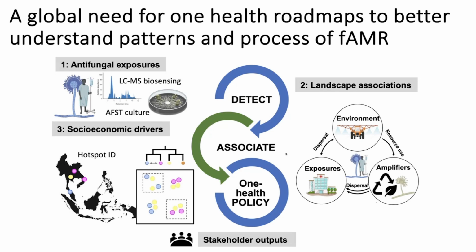There's a global need for One Health roadmaps to better understand these patterns and processes. Fungal antimicrobial resistance is a very environmental problem, linking together the ways that we farm, but also what we do to ourselves, and how we try to manage gigantic populations of humans.